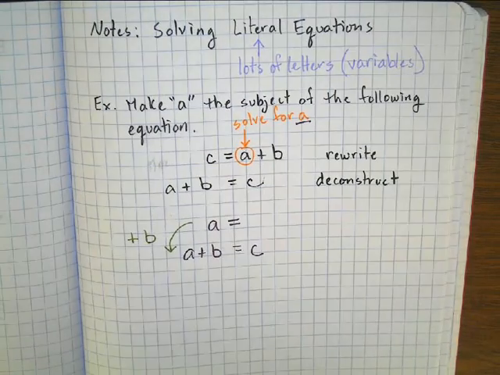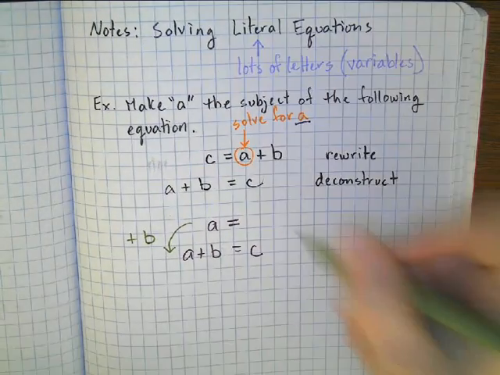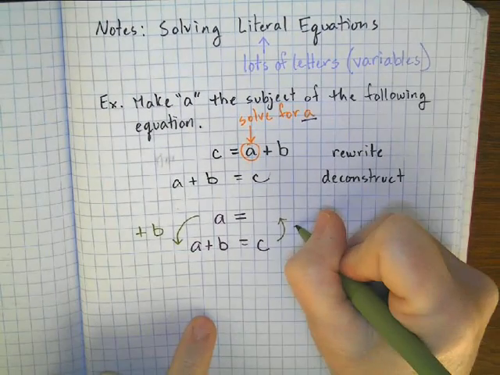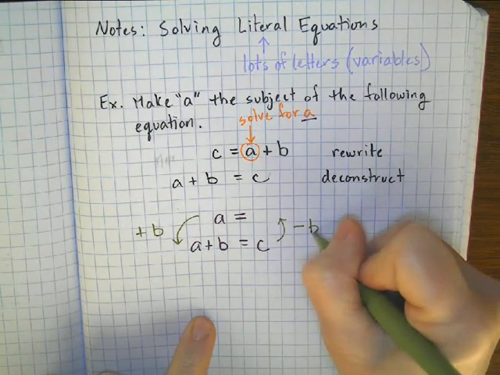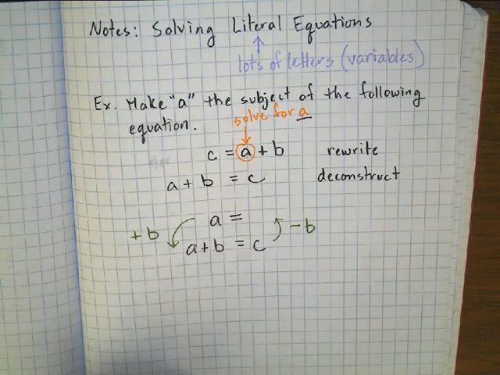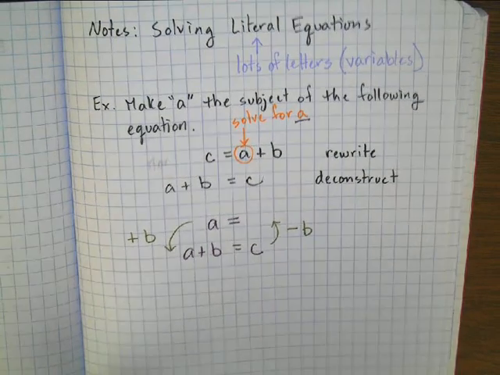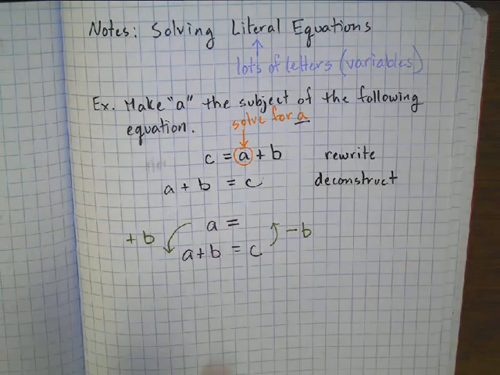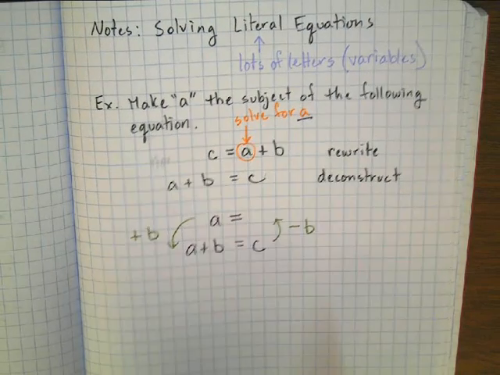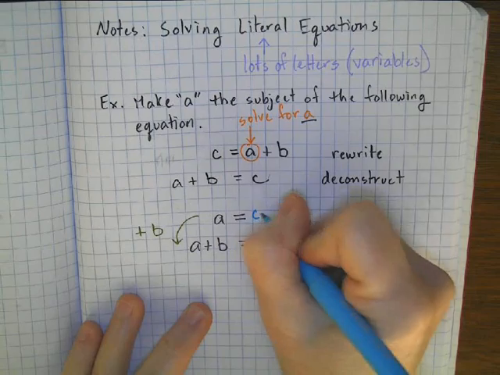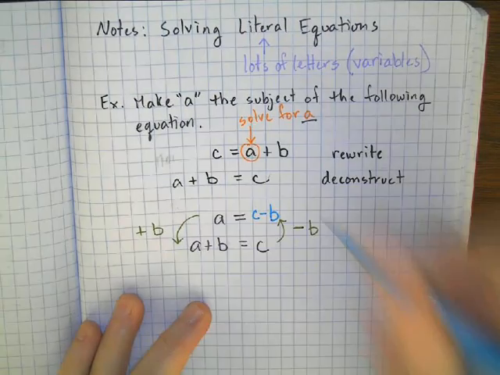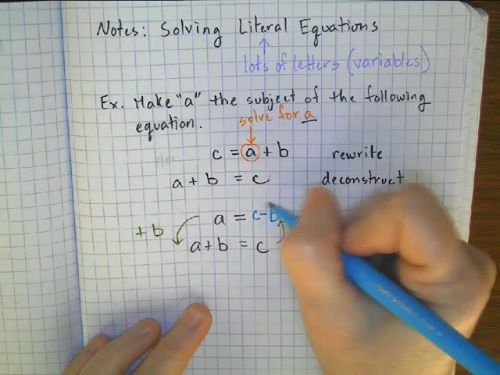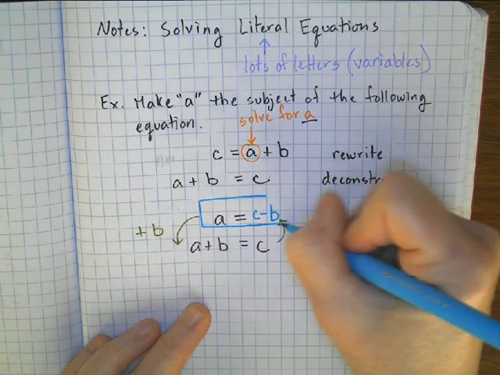Now I need to do the opposite. What's the opposite of adding B? That would be minusing B. Again, I do not know what number B is, so I'm just going to write minus B. So my answer is C minus B. I don't know what C is, and I don't know what B is, so I can't actually subtract them, but that is my answer.